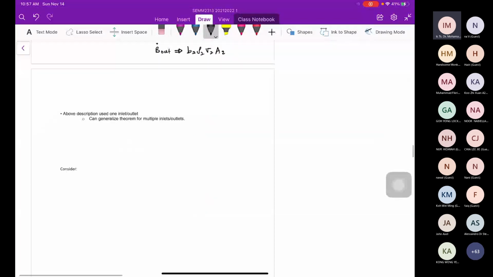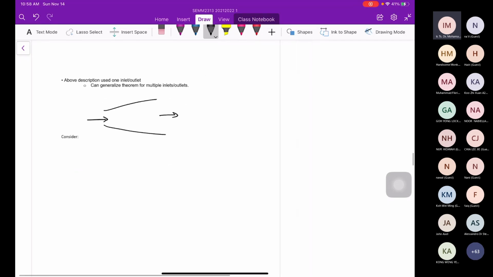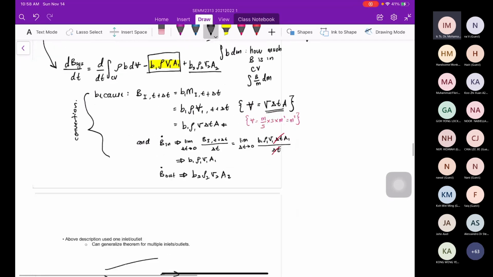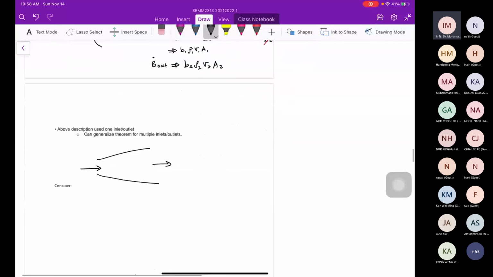Above description, for example, we have one inlet and one outlet. For example, we have the nozzle. We have one inlet and one outlet. We can generalize the theorem for multiple inlets and outlets. This is only one inlet and one outlet. For this case, you have the flow from here to here.